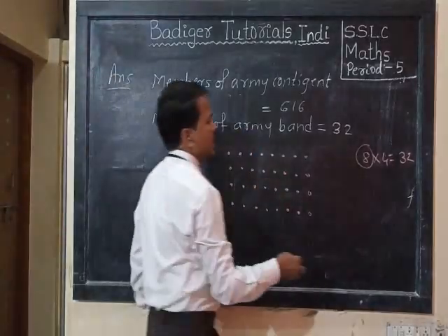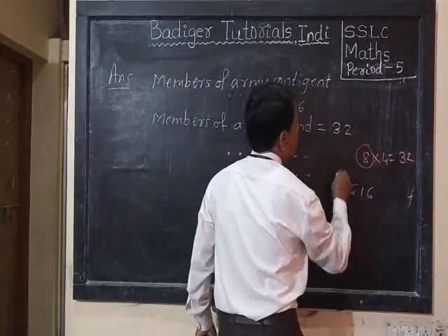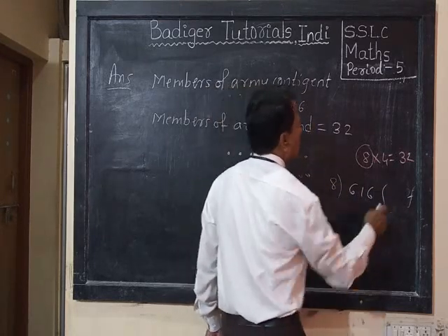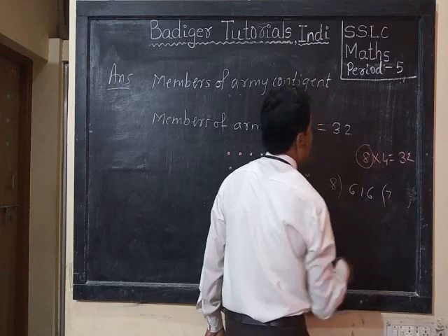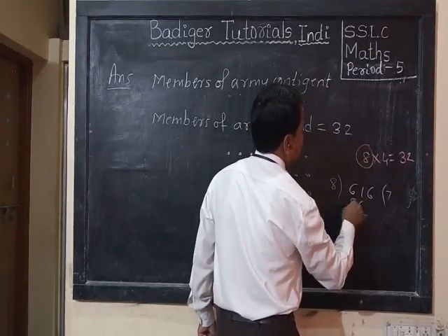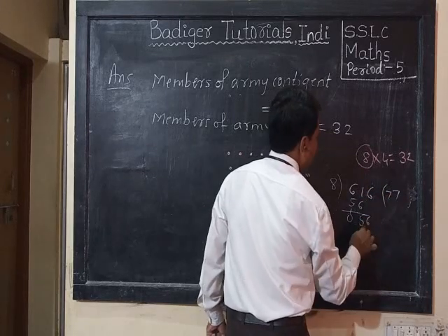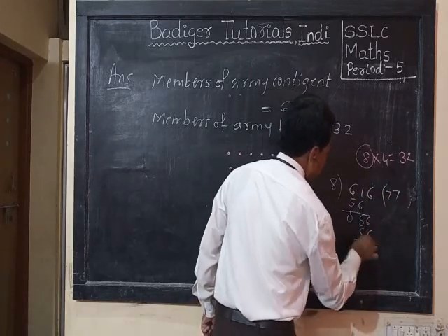Then the remaining 616. You divide 616 by 8. 8 sevens are 56. So what is remaining? 0. 8 sevens are 56, remainder 0, divisible.